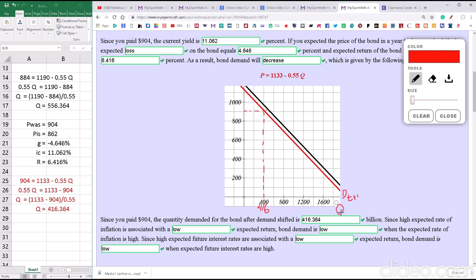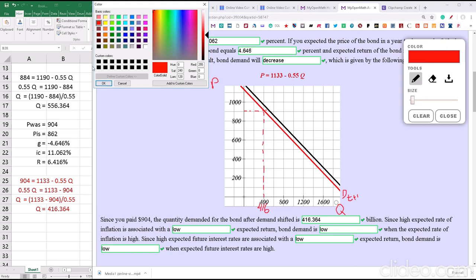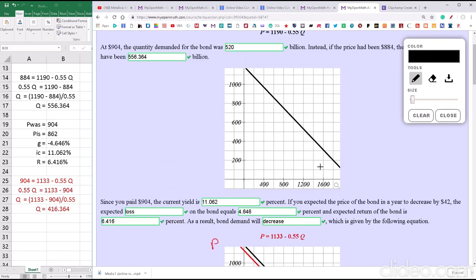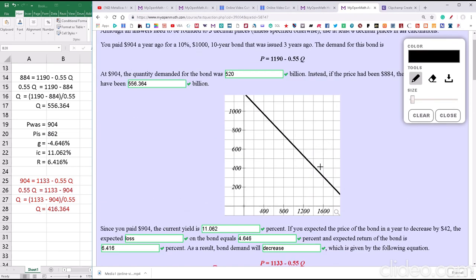This is the quantity axis of bonds. This is the price axis for bonds. I'll change this back to black, and then I can drop this down here. So if the price remains constant, the quantity of bonds we demand falls. And it was like 550 something, right? 520.